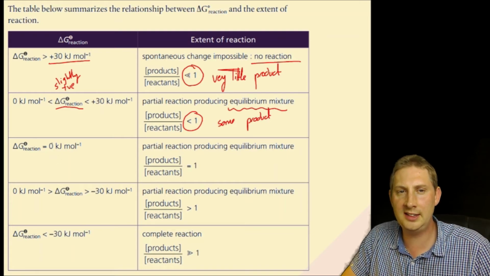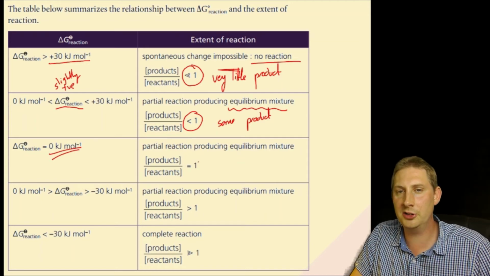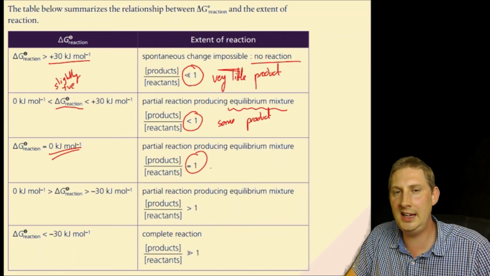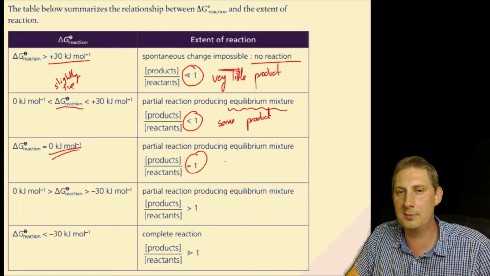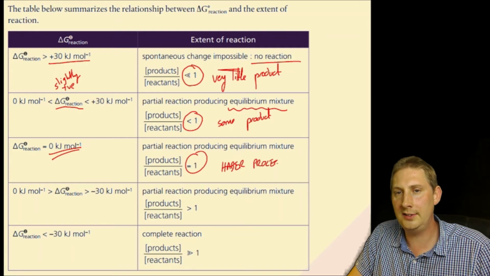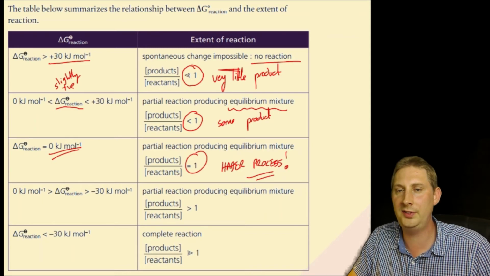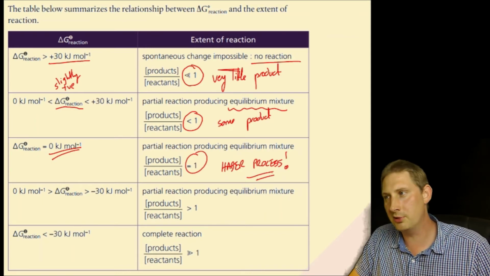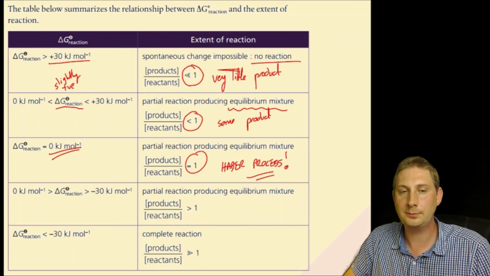If delta G is exactly 0, there are some reactions where it's almost exactly 0. The amount of products and reactants is virtually equal to 1, a 50-50 mix of each. And so this is a real equilibrium mix. And think about the Haber process. And if you want, go back to your GCSE and find out exactly where you got a 50-50 mix of products and reactants, 50% yield, and you will find out where delta G was 0.